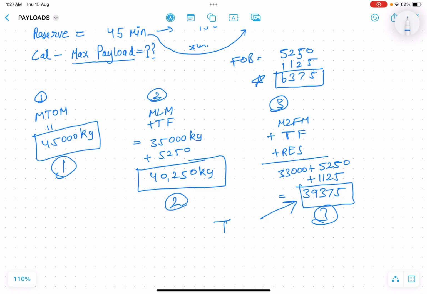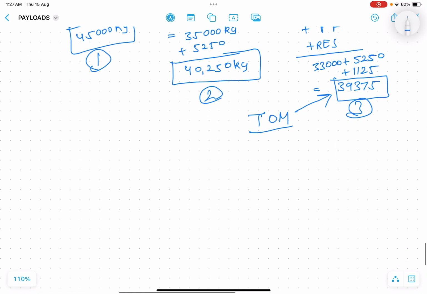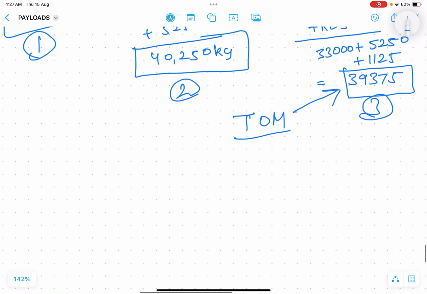We will consider it as takeoff mass and put it in our equation, which is takeoff mass is equal to dry operating weight plus payload plus fuel on board.